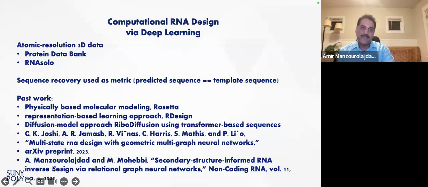And recently, we developed our own method based on Chaitanya Joshi's work. Based on GNN, we developed our own method that also uses graph neural networks, and we achieved competitive results. I'll explain our method in a few slides and then talk about deploying it for the TPP riboswitch.